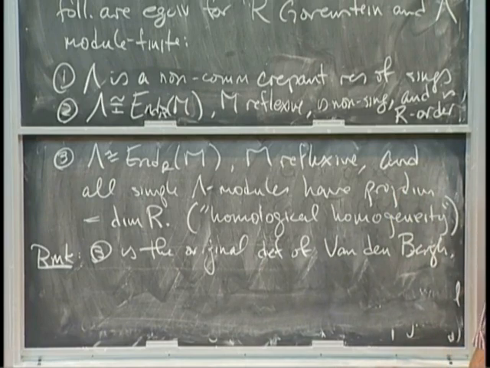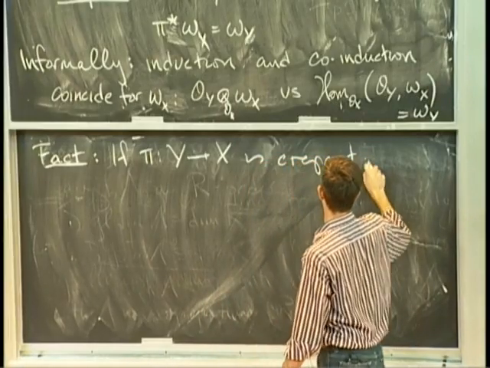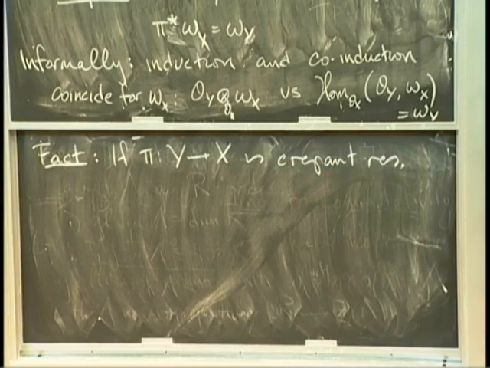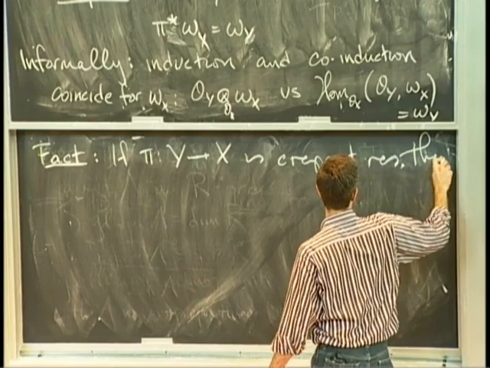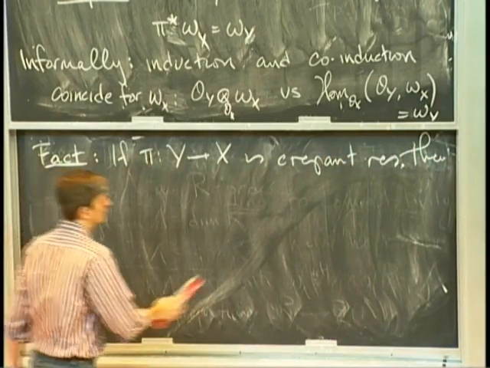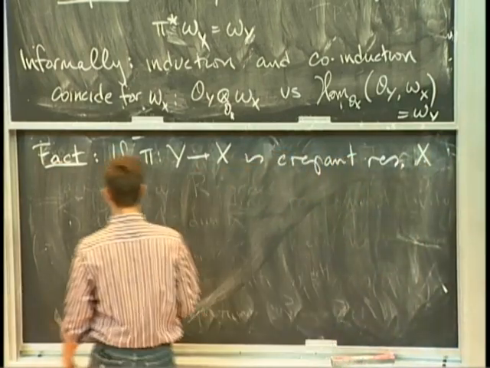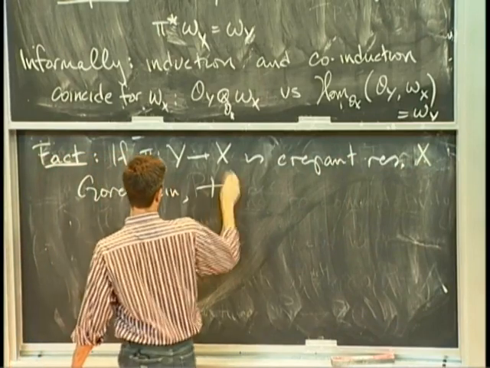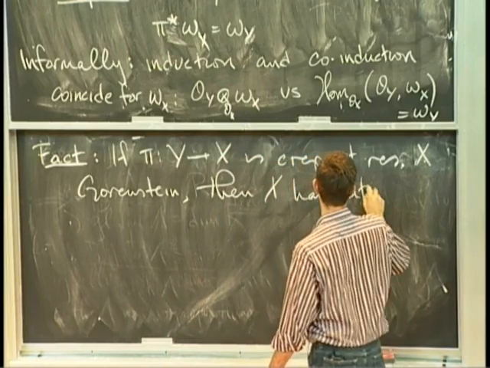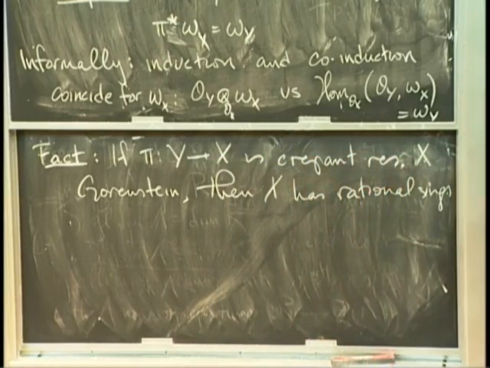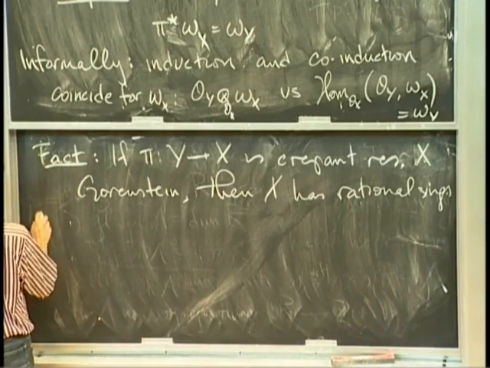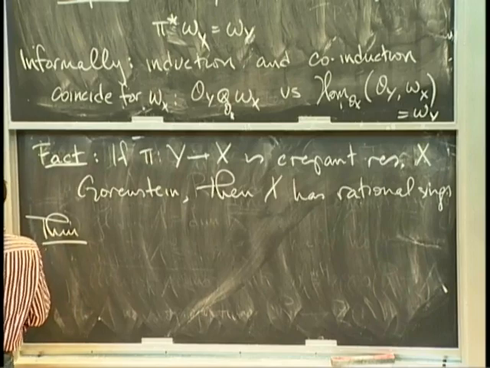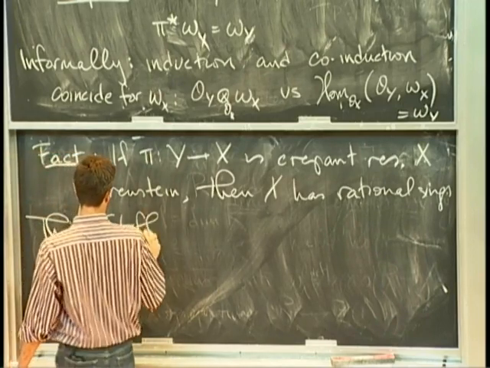So, it is a well-known fact among people who know such things that if you have a crepant resolution as on the board immediately above, and X is Gorenstein, then X has rational singularities. So one piece of post hoc motivation for the definition here is the following result of Stafford and Van den Bergh.